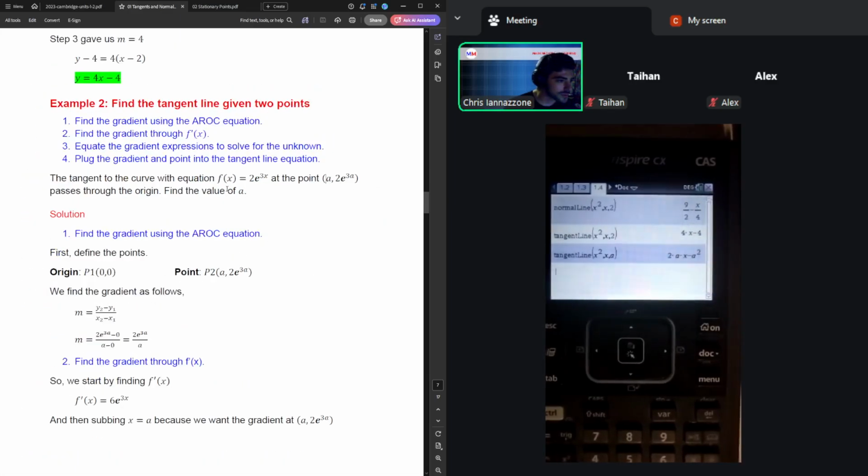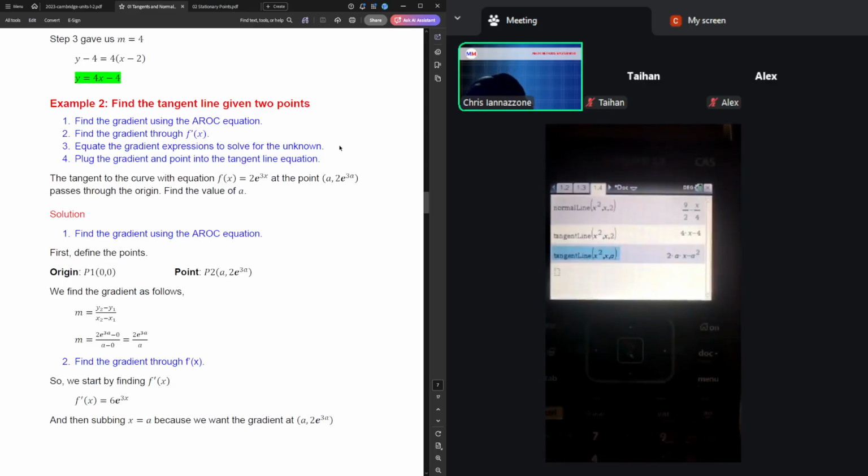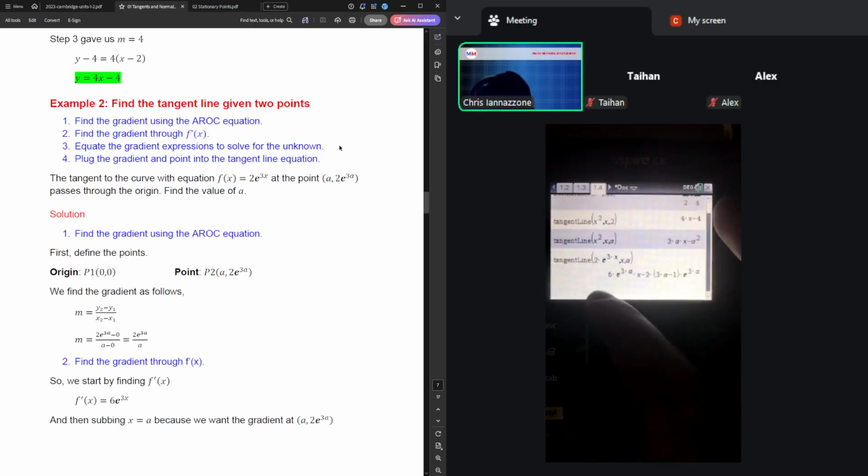If this was a Tech Active, for instance, we're trying to find the tangent to f of x at this point. What we could do is plug in exactly that related information. So instead of having our x squared there, we could have 2e to the 3x. And what comes out, it might not look like it, but that is a linear. That is the generic tangent line.